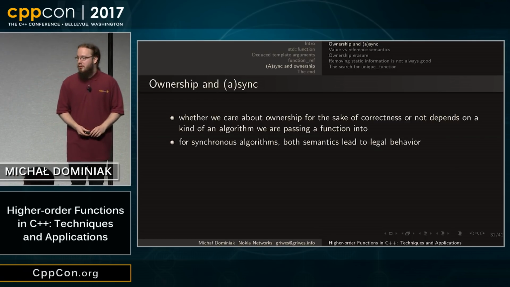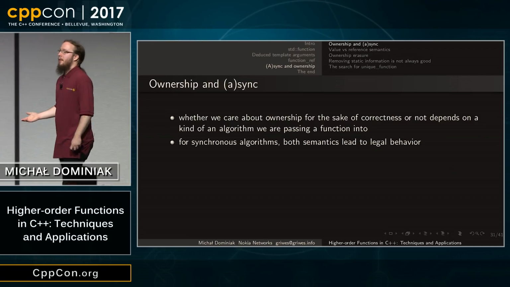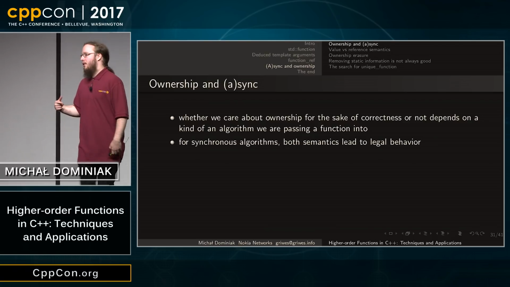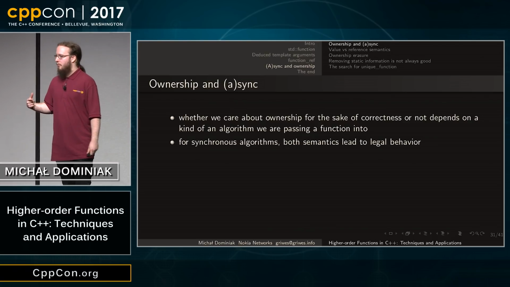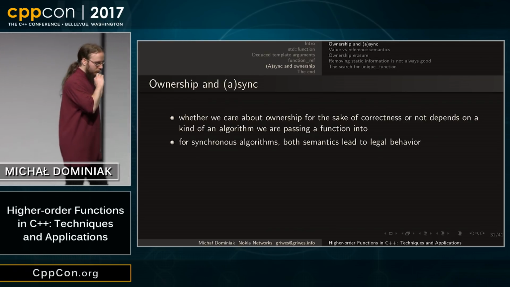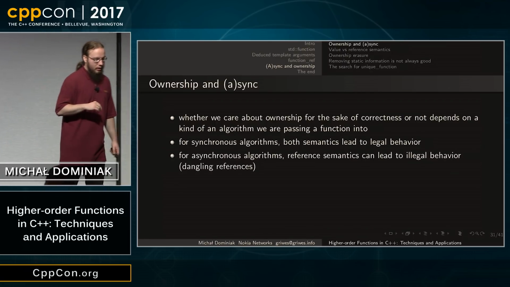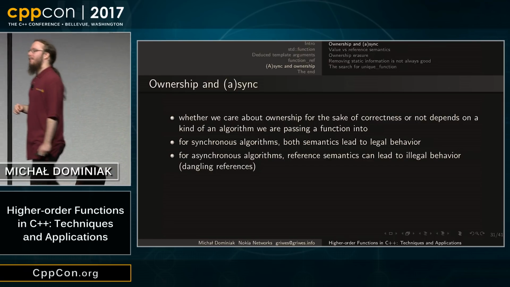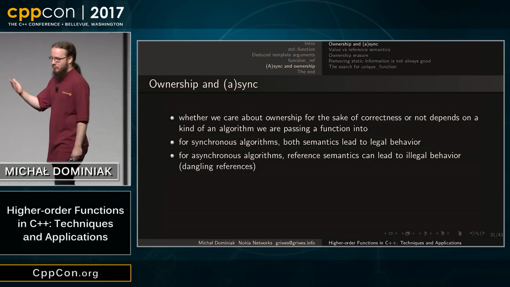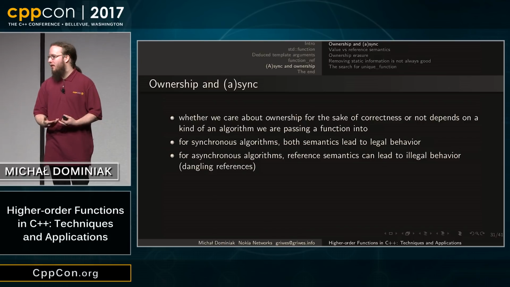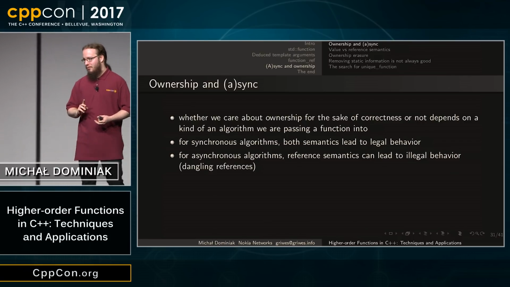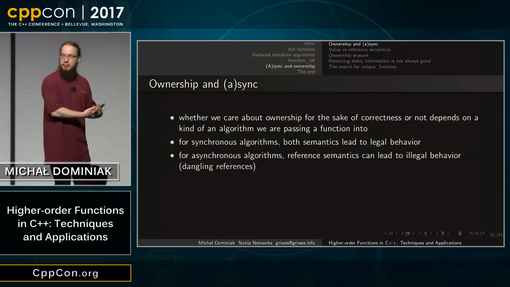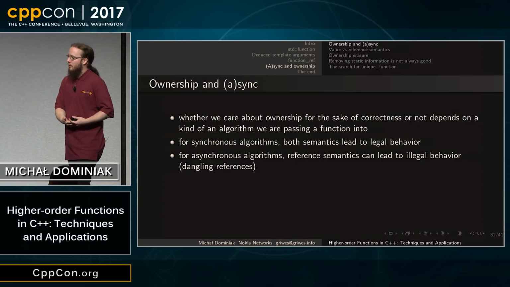So for synchronous algorithms, whether we have value semantics or reference semantics doesn't matter, because the lifetimes are not going to be a problem. For asynchronous functions, reference semantics can lead to illegal behavior. That means dangling references. Can, but will not necessarily lead to undefined behavior.